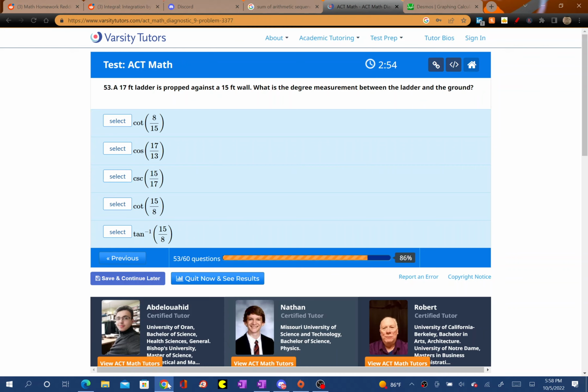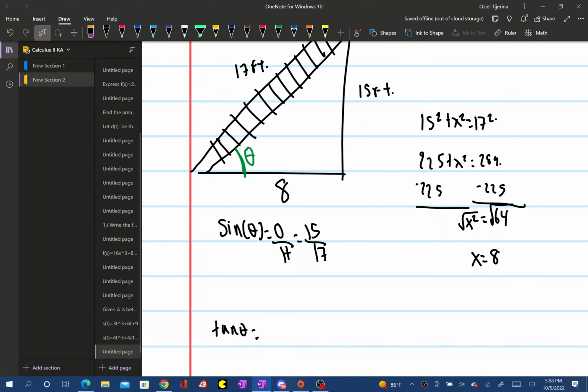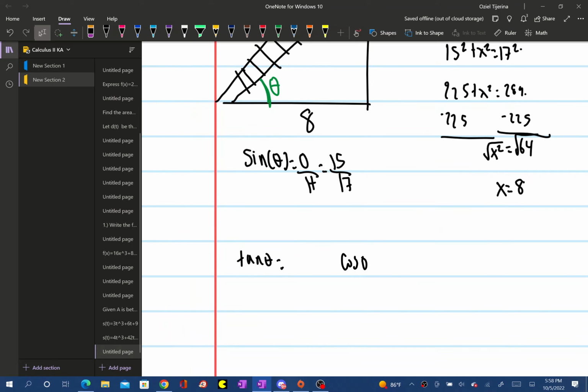Or I'm sorry, wait, no. Between the ladder, it would be adjacent over hypotenuse. Cosine theta is 8 over 17, right?